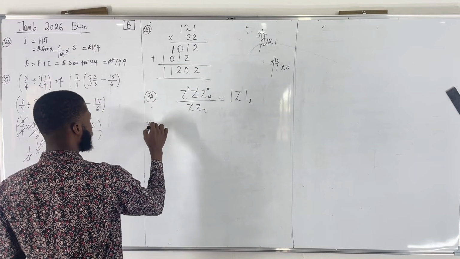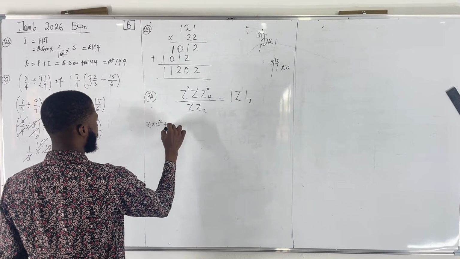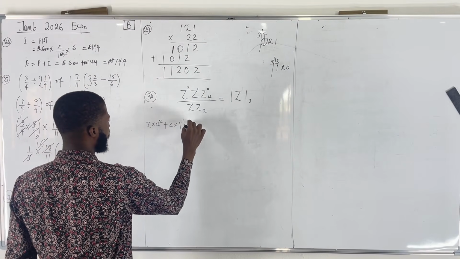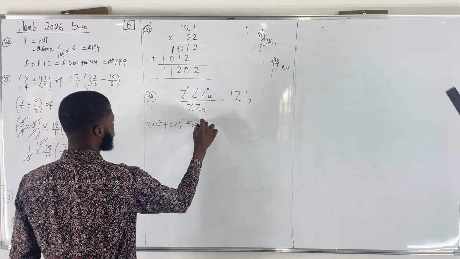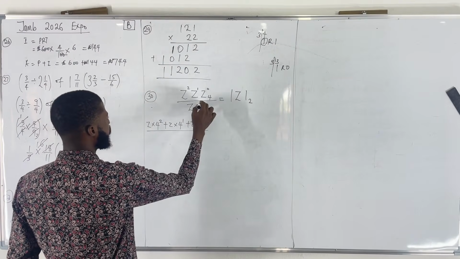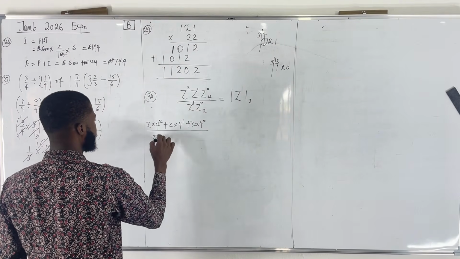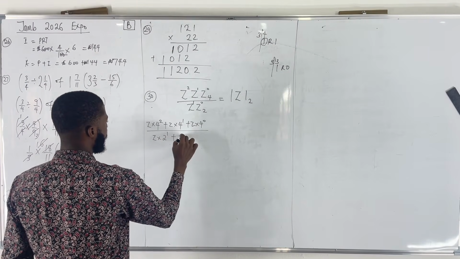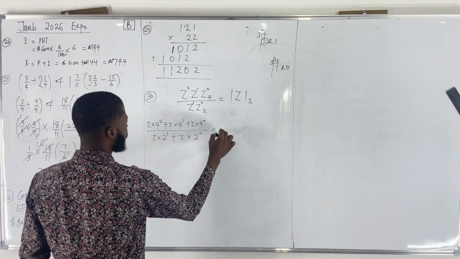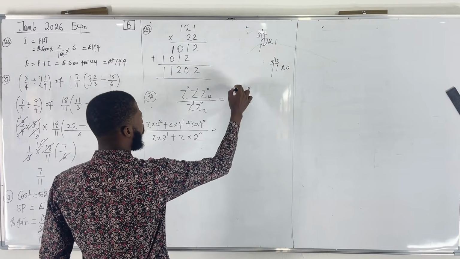So this will be 0, 1, 2. So this will become z times 4 squared plus z times 4 to the 1 plus z times 4 to the 0, divided by here, this will be 0, 1. So this will be z times 2 to the power of 1 plus z times 2 to the power of 0, equal, on this side, 0, 1, 2.